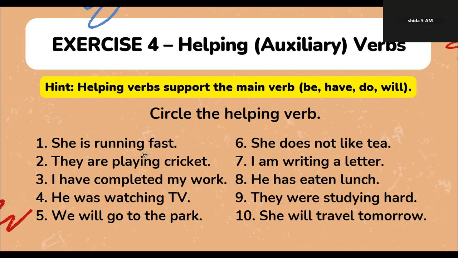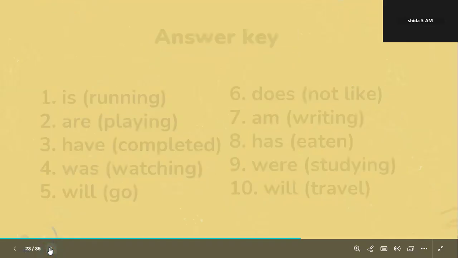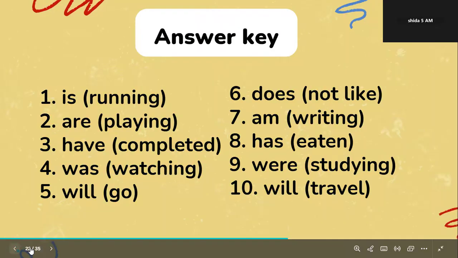Then, they are playing cricket. I know that you have already got the answer. Let's check it out. Yeah, is running, are playing, have completed. Okay, try it by yourself.